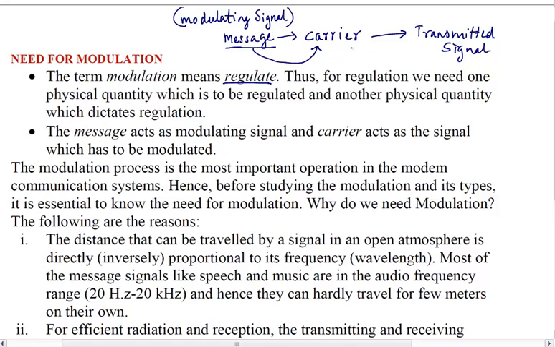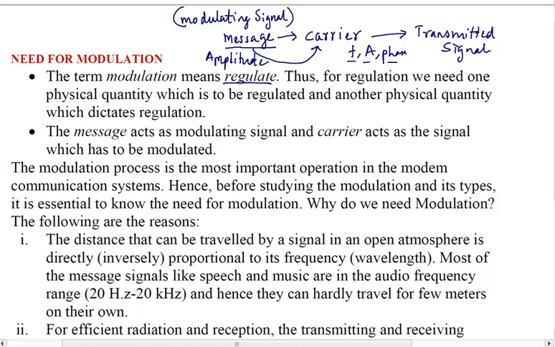Which properties? For example, the frequency can be changed, the amplitude can be changed, the phase can be changed. So either of these are changed or regulated based on the amplitude of the message signal.